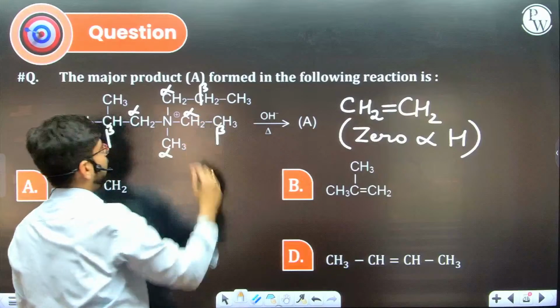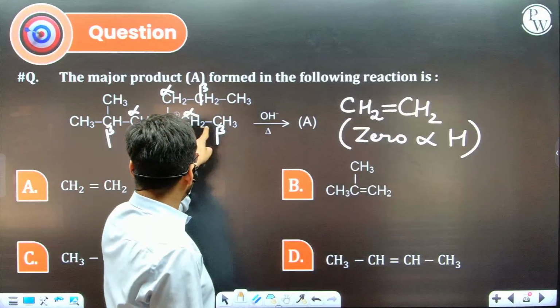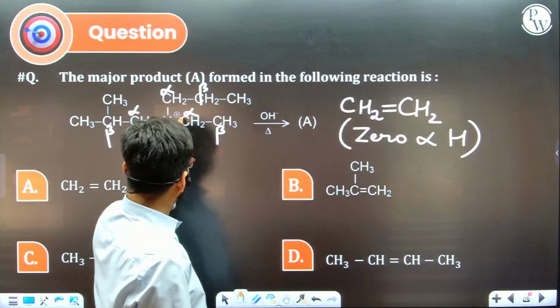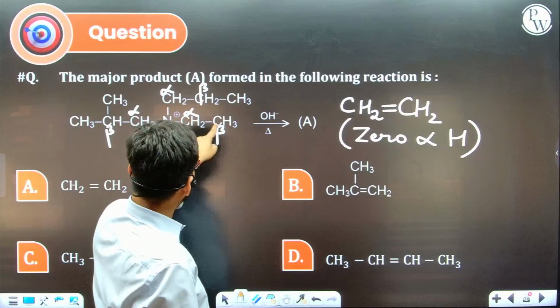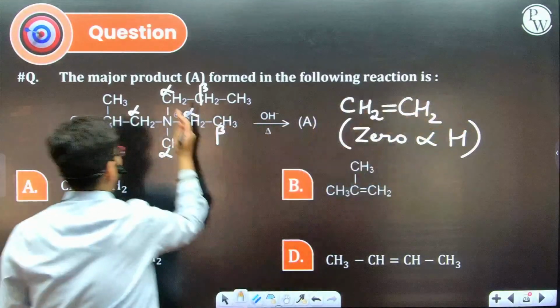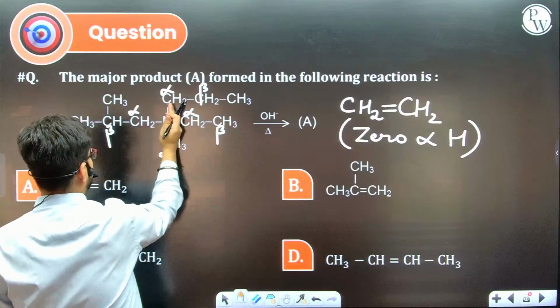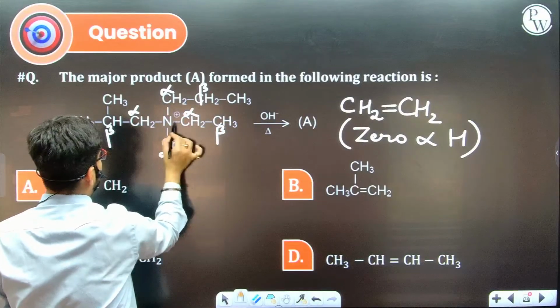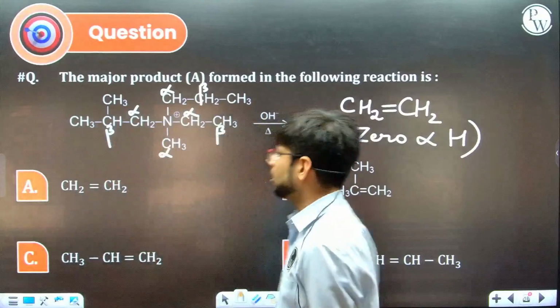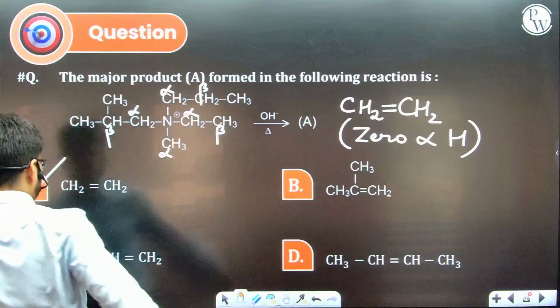So as I said, when we take out one beta hydrogen, we are supposed to form a double bond between alpha and beta. So this is the alpha carbon, this is the beta carbon, so I am forming a double bond between these two. Hence I get this, and I remove this bond, because when I am forming a double bond between these two carbon atoms, I have to remove this entire thing. That means this bond with nitrogen atom needs to be cleaved. Hence option A is the correct answer, ethene.